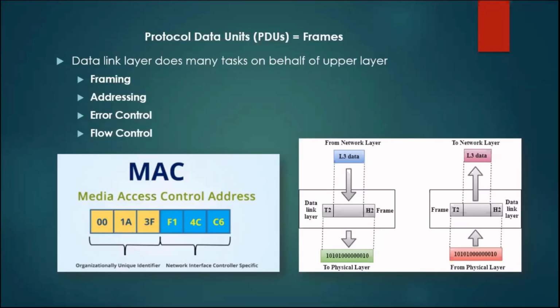Similarly, on the receiving side, the physical layer sends the packet to the data link layer. It understands the source and destination MAC address, and then pushes the packet up to the network layer.